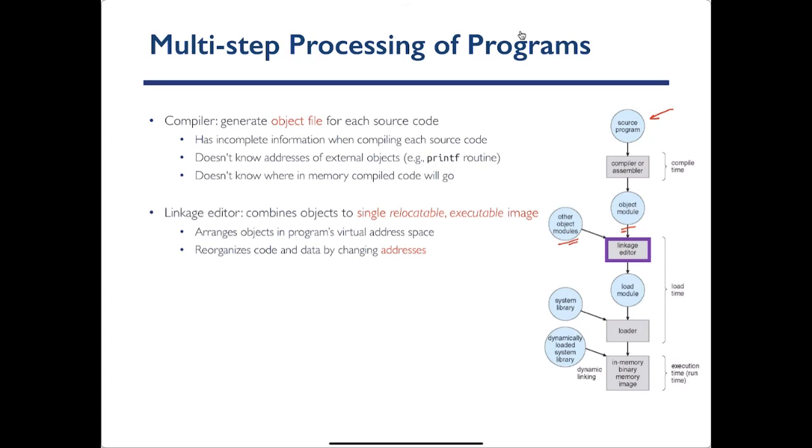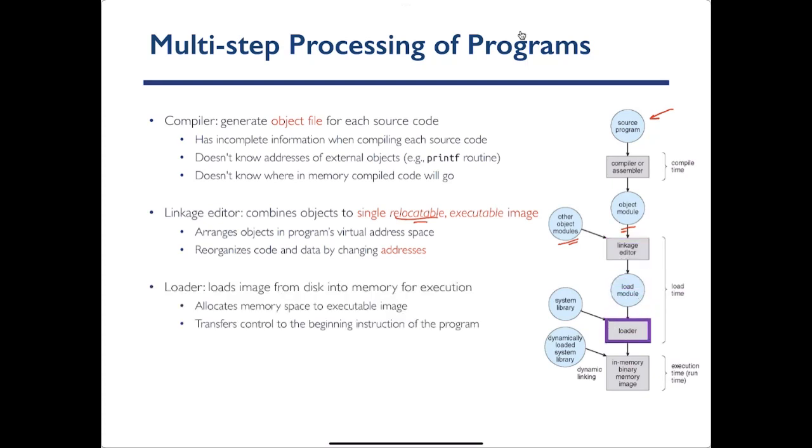But at the end, the linkage editor produces a single executable image. Now it's relocatable because, again, the linker also doesn't know where this is going to go. So everything should be relative so that we can basically put them in different positions in the memory.